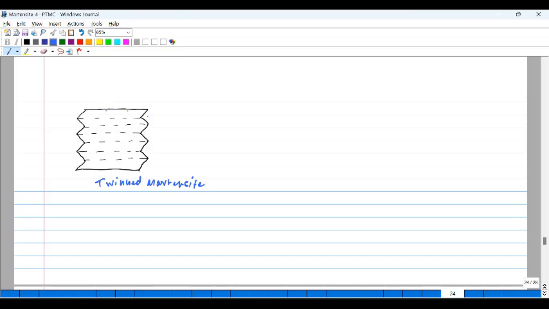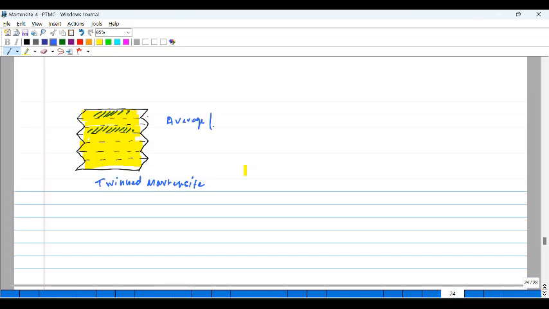So here these facets, this one or this one, may be rational, but the average plane, which is this one, is not rational.